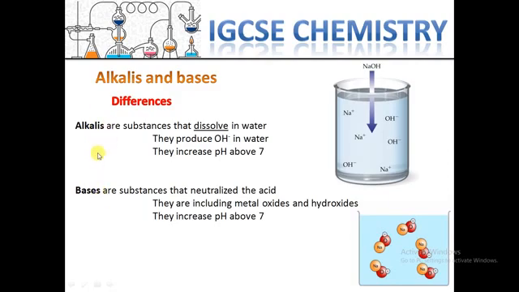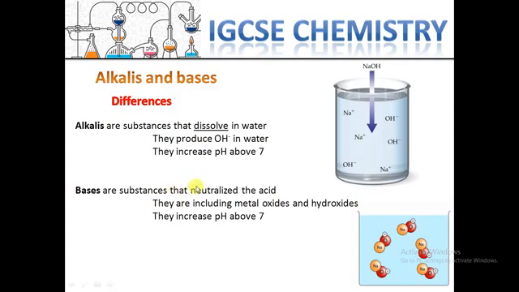But the difference is all alkalis can be dissolved in water, but bases, actually most of them, not all of them, but mostly they are not dissolved in water. You can put them in water, but they are not dissolved.